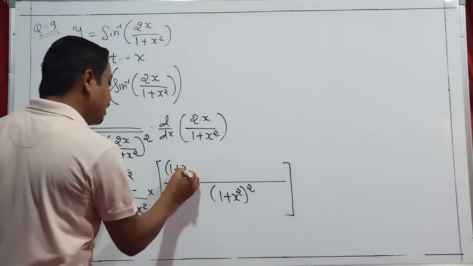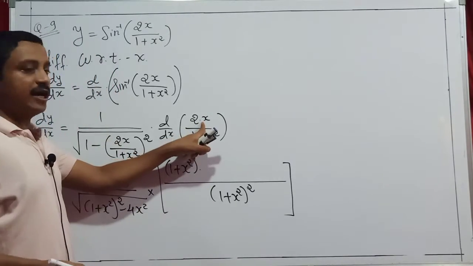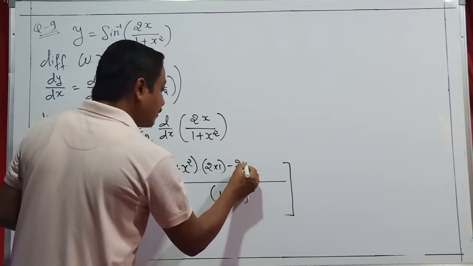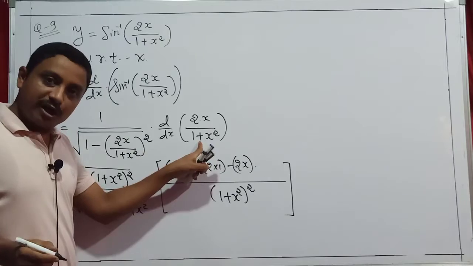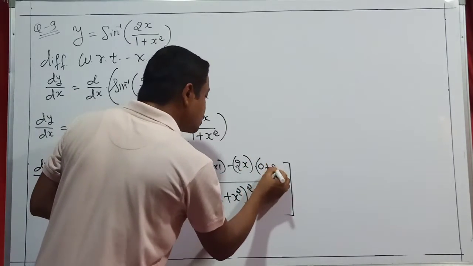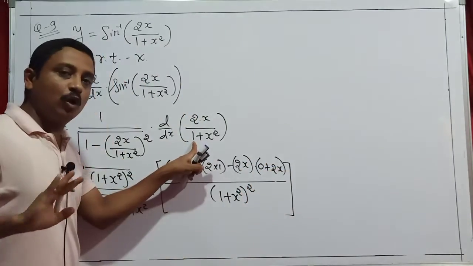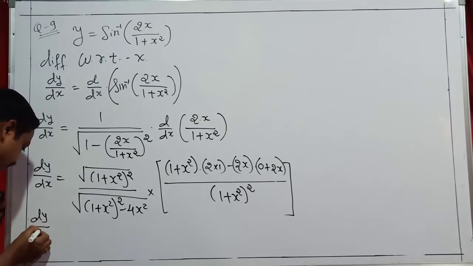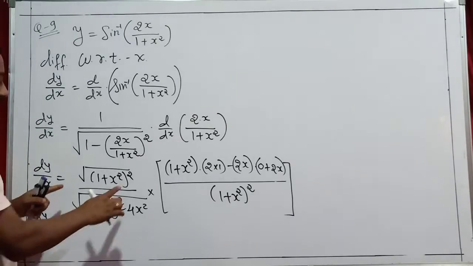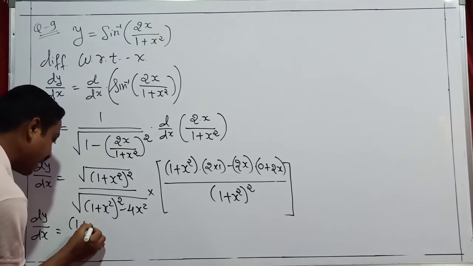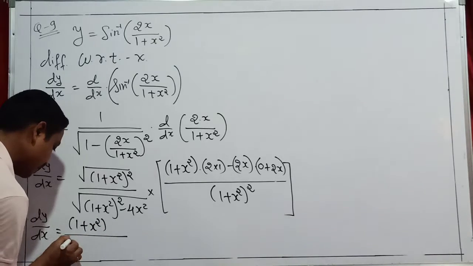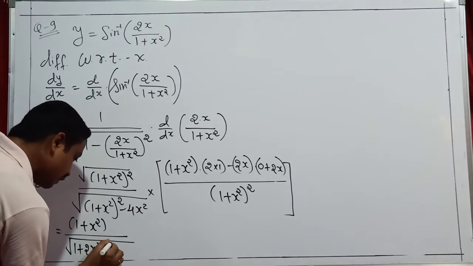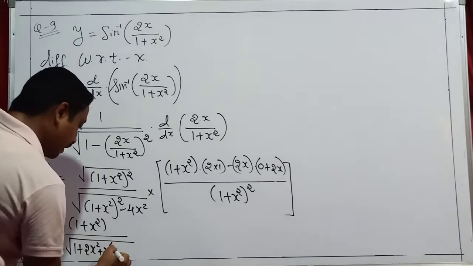Now the denominator times the derivative of the numerator: the derivative of 2x is 2, into 1, minus the numerator times the derivative of the denominator, 0 plus 2x, because the derivative of 1 is 0 and of x square is 2x. Finally, dy by dx is equal to, here the square and root cancel, only I have 1 plus x square, and the internal value is 1 plus 2x square plus x raised to 4, and minus 4x square.